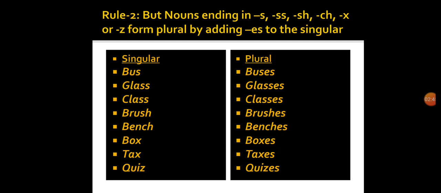Now I come to rule 2 of forming plural numbers from singular. Those nouns that end in s, double s, sh, ch, x or z form plural by adding es to the singular. See some examples.